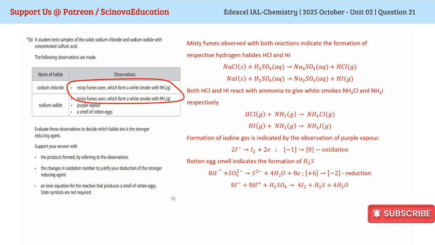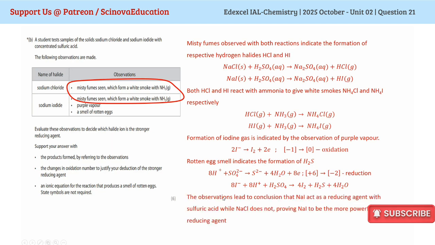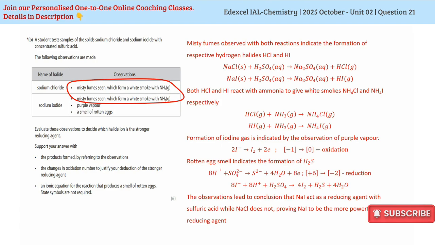Therefore, we can imagine that only sodium iodide is showing this second reaction. It does not happen with sodium chloride. Therefore, we can say the observations lead to the conclusion that sodium iodide acts as a reducing agent with sulfuric acid, while sodium chloride does not, proving sodium iodide to be the more powerful reducing agent.